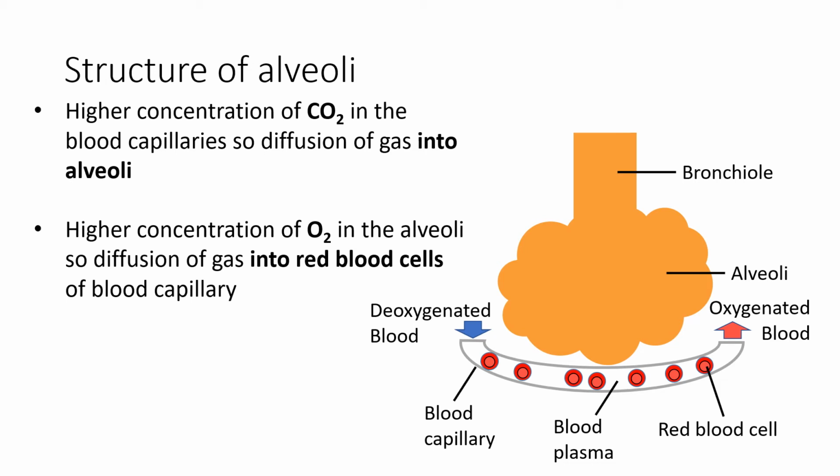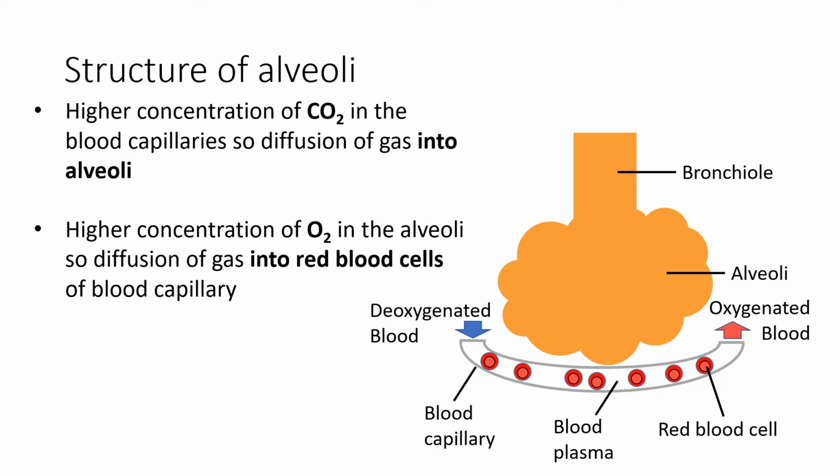We take all of the gases inside the air into our lungs. It's only the carbon dioxide and the oxygen that move into or out of the blood vessels. So you've got to be careful in the exam when you're talking about breathing. We talk about the movement of air. When we talk about gas exchange, we are talking about carbon dioxide and oxygen moving into or out of the alveoli and into and out of the blood.